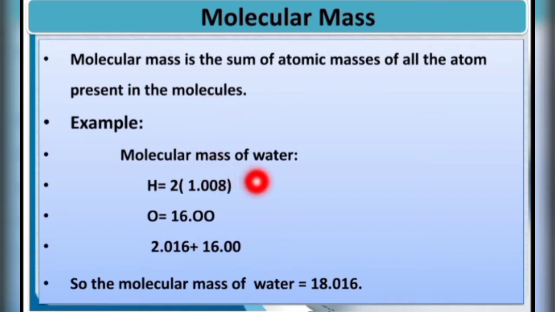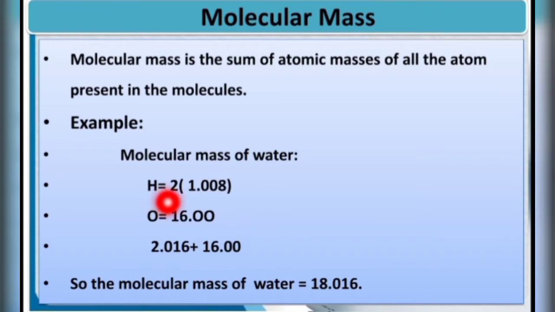molecular mass of water. Students, you know, in water, 2 hydrogen and 1 oxygen are present. First of all, the atomic mass of hydrogen is 1.008 and in water, 2 hydrogen atoms are present. So simply, what we have to do?